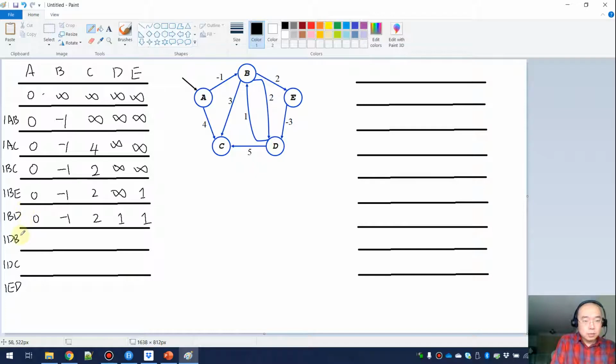So the next one will be 1DB, so D to B. D to B is a 1, and D is a 1. If we go from D to B, we can get to B with the cost of 2, but we can already get to B with -1, so we don't have to change anything here.